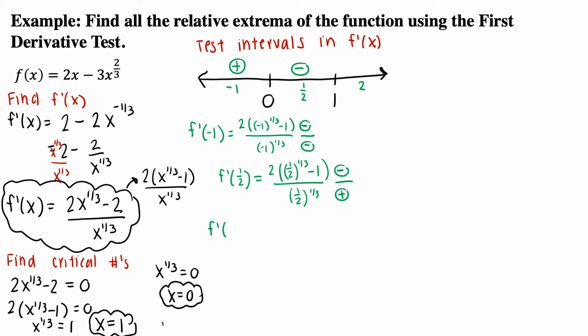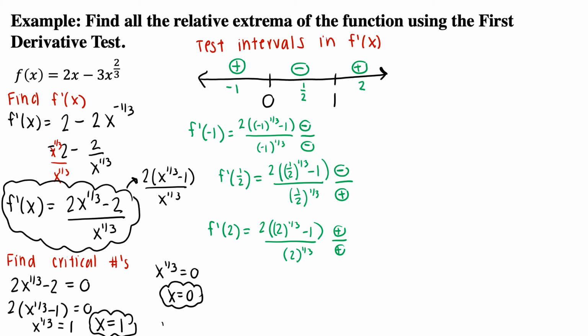And then finally, f prime of 2 is equal to 2 times 2 to the 1/3 power minus 1 over 2 to the 1/3 power. 2 to the 1/3 power is positive, minus 1 is still positive, times 2 is still positive, over the third root of 2 is a positive number. Positive over a positive is a positive. That's my least favorite part. So we've identified the signs on each of those intervals.